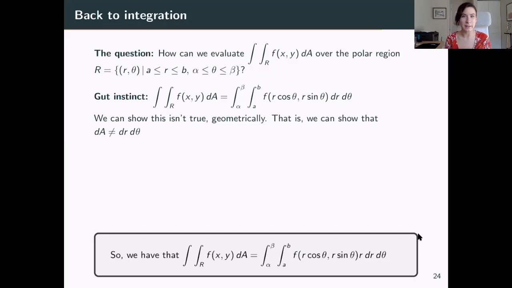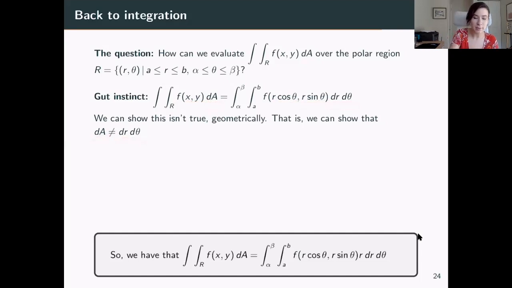As such, we've developed these polar coordinates which translate circular regions into rectangular ones. The gut instinct might be to say, well, okay, I'm just going to change my x's to r cos thetas, my y's to r sine thetas, and change dA to dr d theta. Unfortunately, dA is not equal to dr d theta, and we can show this geometrically.